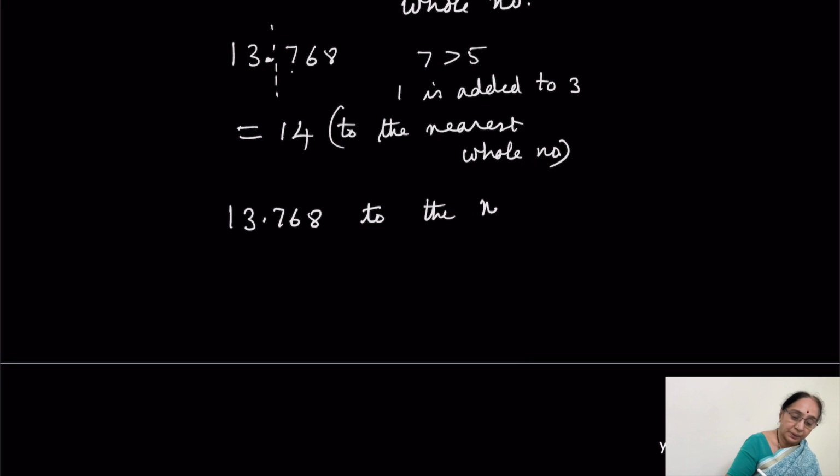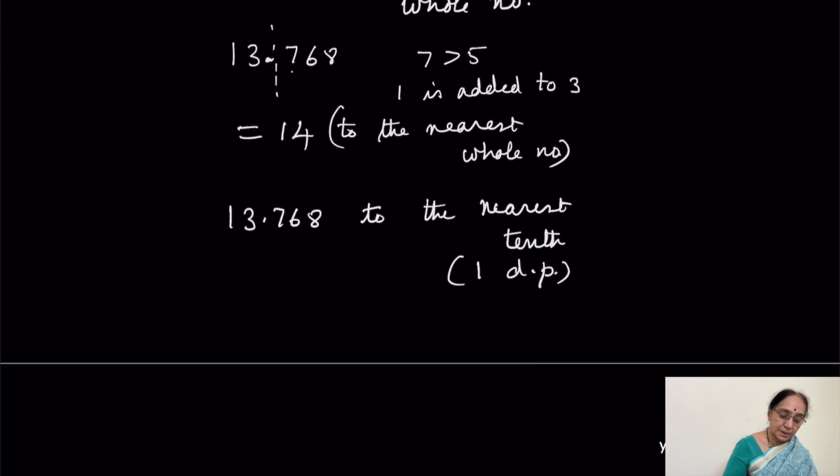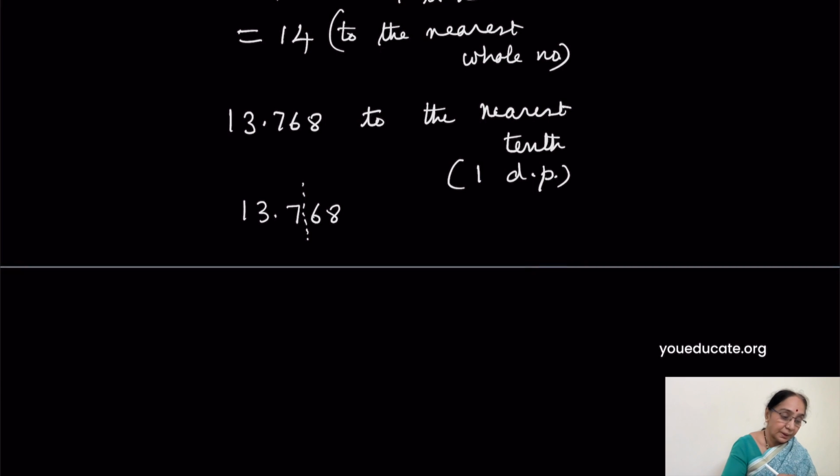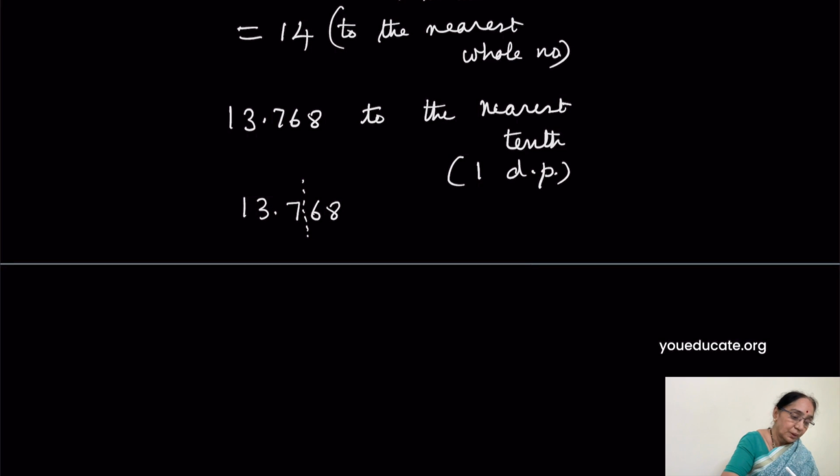1 decimal point means to the nearest tenth. DP stands for decimal point. So I write 13.768. The imaginary line comes after the tenths digit. See the number immediately after the line. What is it?